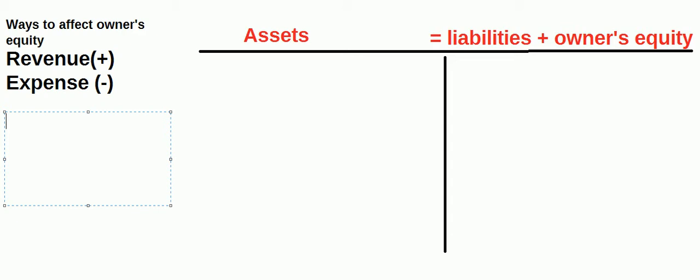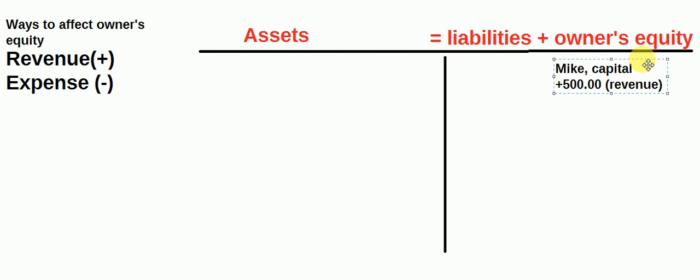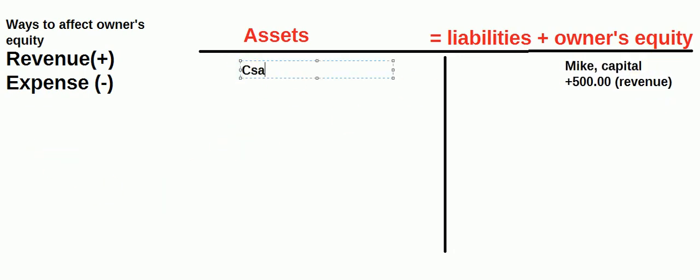So in this case, my capital increases. I'm going to put plus $500. How do you increase my capital? By doing revenue, by selling stuff to Men's Tree Services.